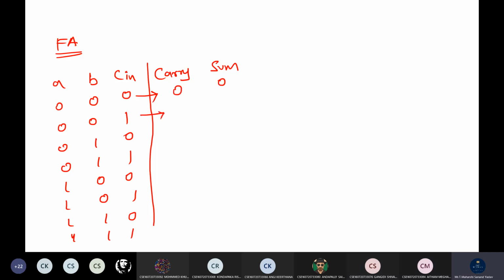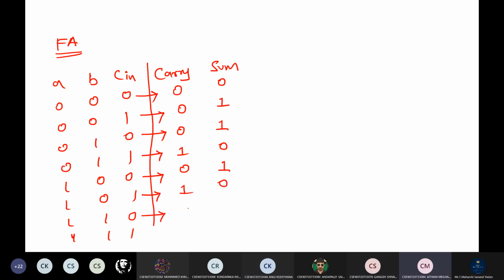Next 0 1, 0 1, 0 1. Next 1 0, 1 0, 0 1. Next 1 0, 1 0, 1 0. Then 1 1, 1 1.